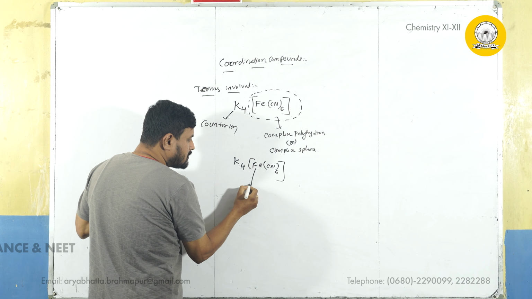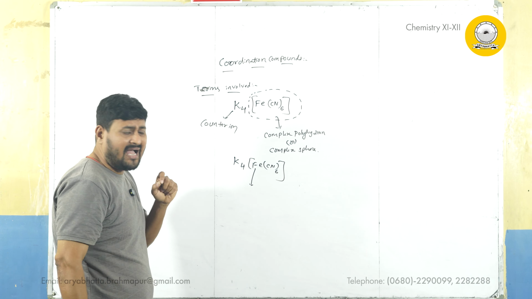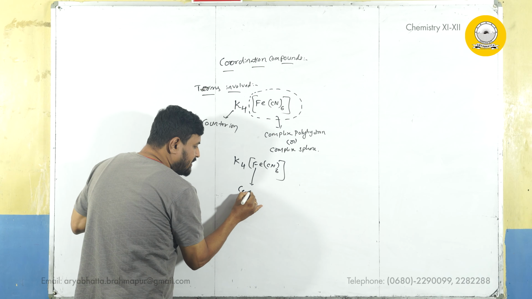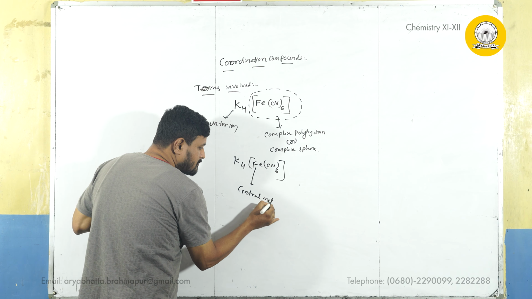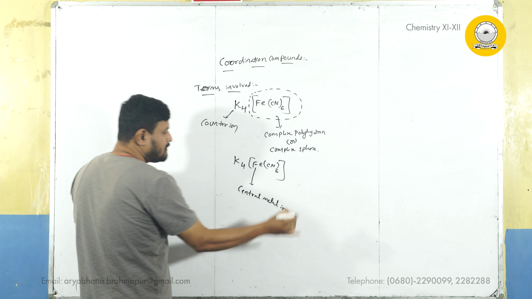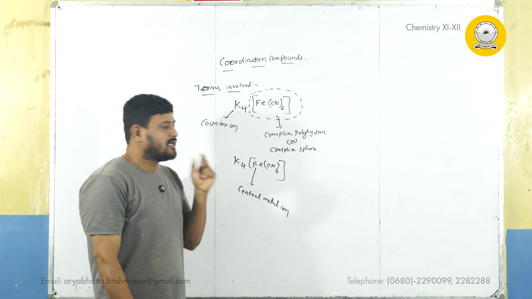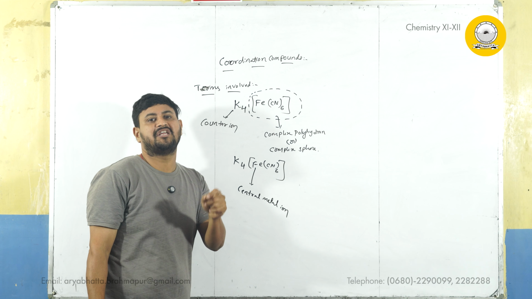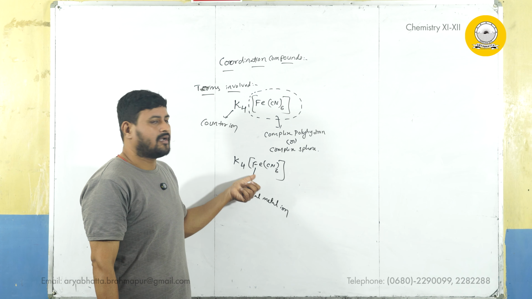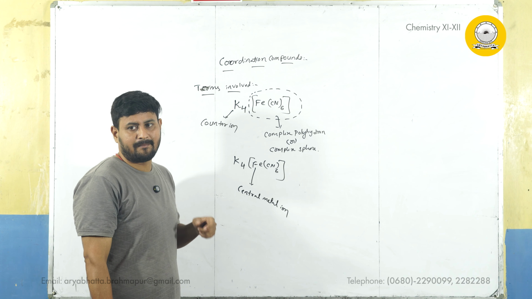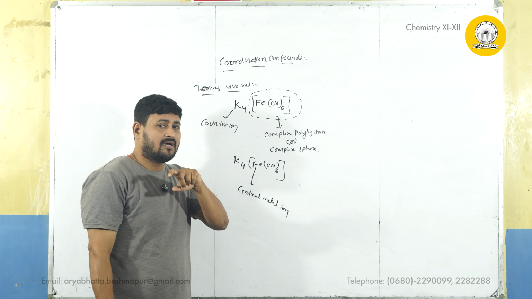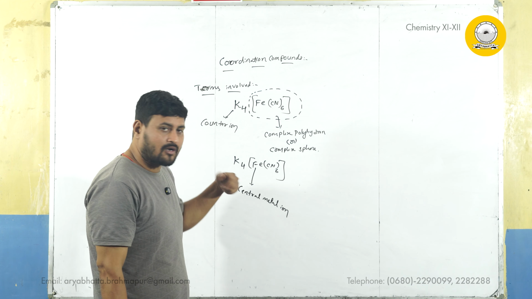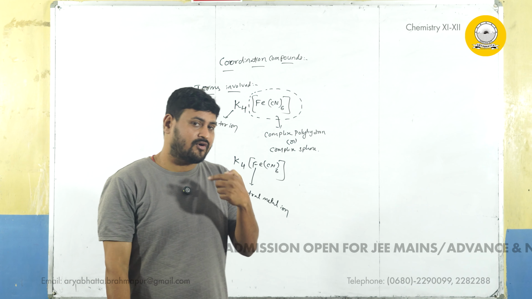Here iron is the central metal ion. Maximum d block elements exist in that position, because maximum d block elements can form complexes.